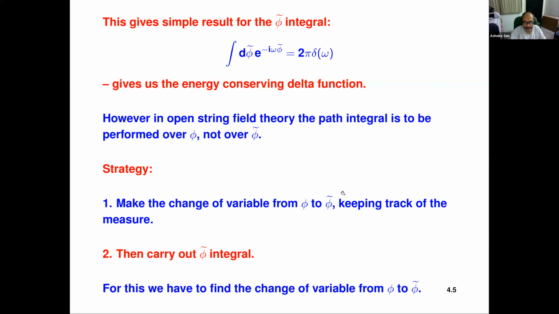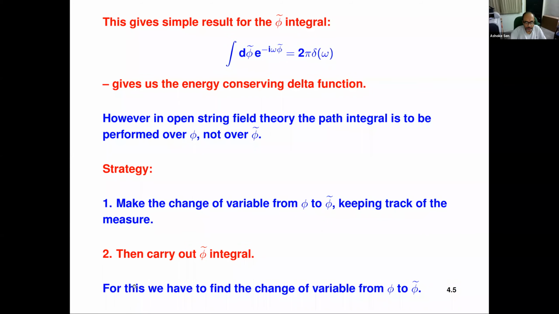In making this change of variable, you have to keep track of the measure. Once you have changed the variable from phi to phi tilde, then the phi tilde dependence takes the simple form. This is the property of phi tilde dependence that we'll be using to make this change of variable. And once you have brought it in this form, then you can carry out the phi tilde integral.